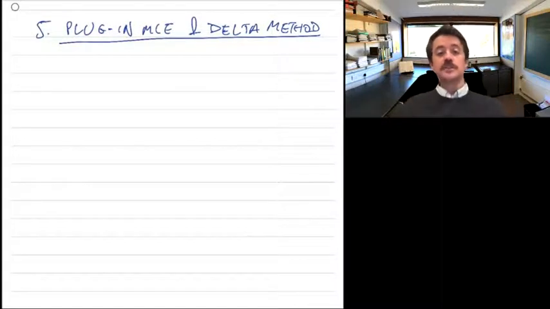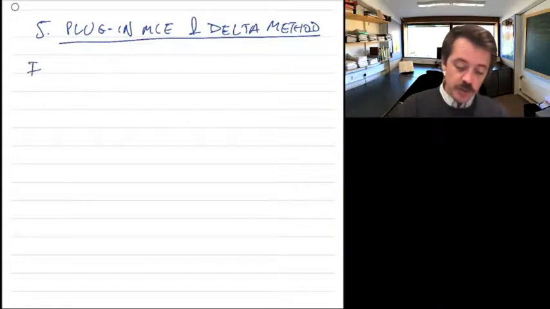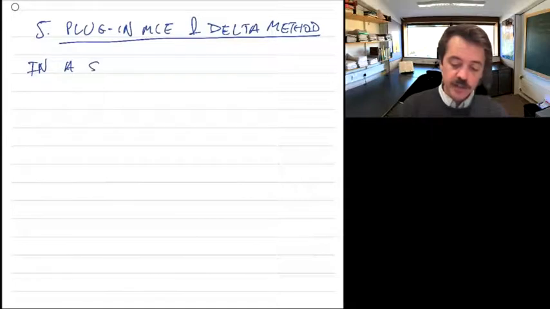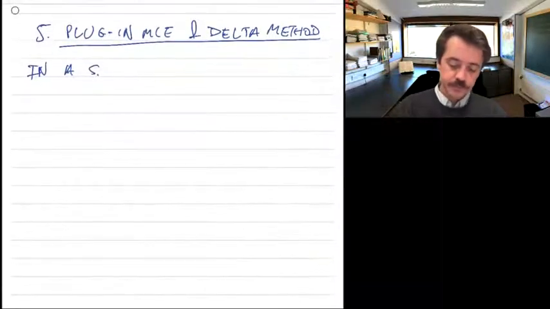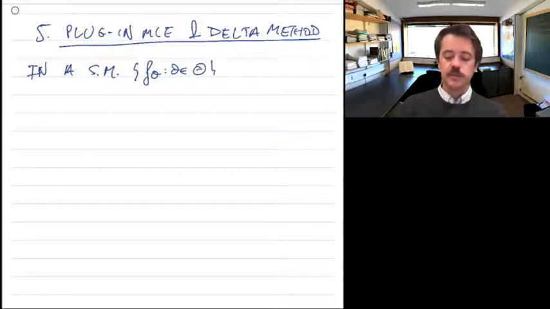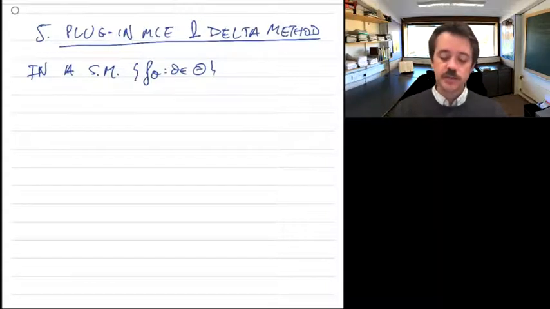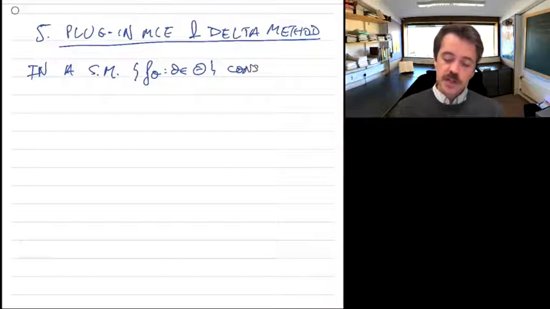Okay, so let's consider a statistical model as usual. In a statistical model, we again have a finite dimensional parameter space.